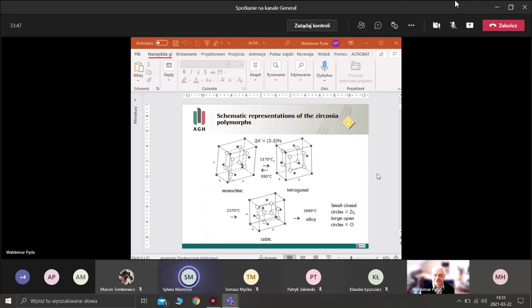Calcium fluoride. Yes, that's right. Calcium fluoride structure. Good. And what is the coordination of zirconium ions in the cubic structure? 4+.